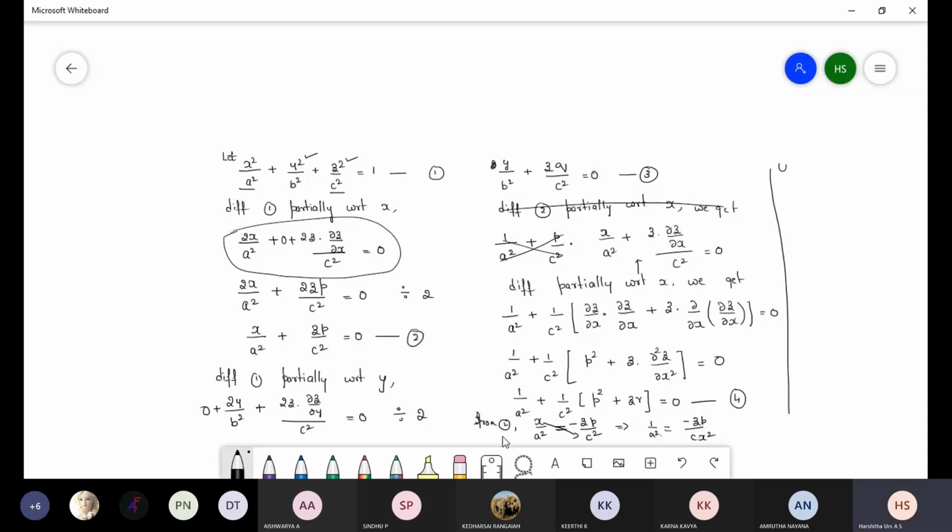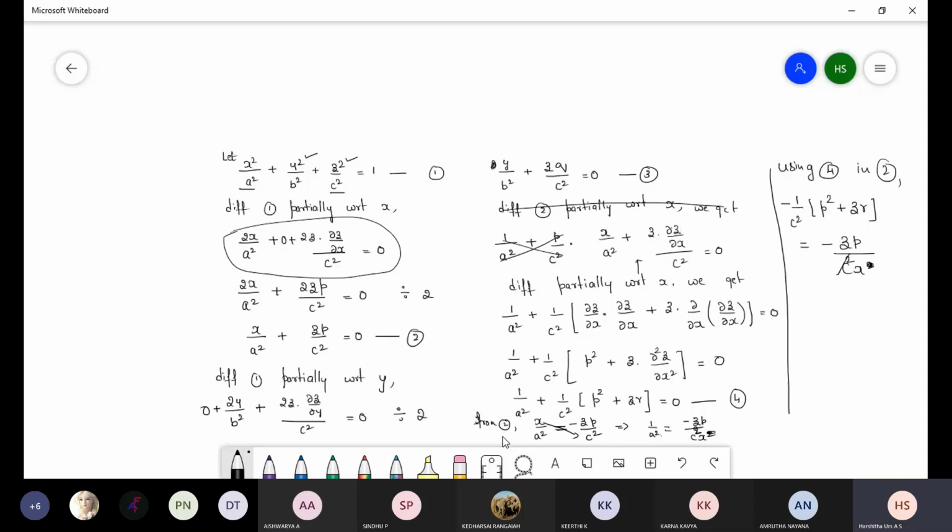So I write using equation 4 in equation 2. 1 by a square, if you shift to the right side, we get minus 1 by c square into p square plus zr is equal to minus zp divided by c square into x. Wait a minute, here c square into x.